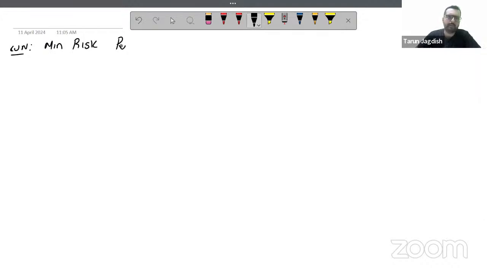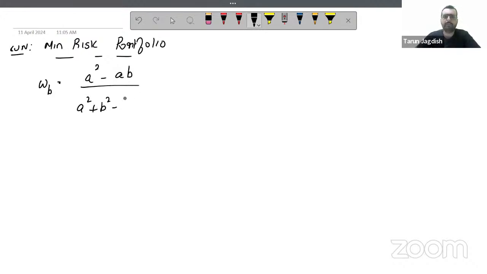Minimum risk portfolio. Friends, for this I had given you the formula. If you want to find out the weight of B, the formula would be A square minus AB divided by A square plus B square minus 2AB.